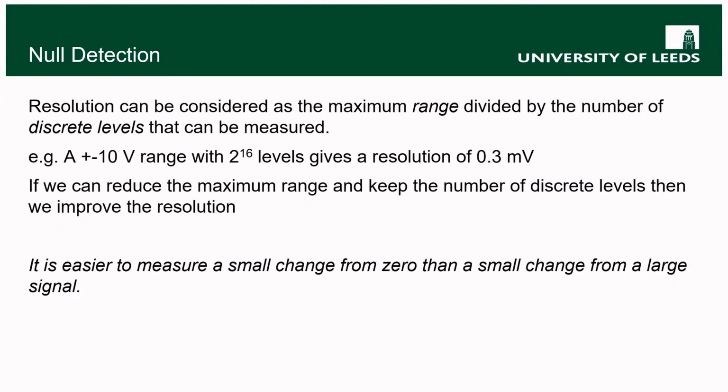So this basically ends up saying that it's much easier to measure a small change from zero than a small change from a large signal, because if you have a small change from zero, you can reduce the maximum range you're trying to measure over. So null detection schemes are a way of implementing that, to let you measure a small change from zero rather than a small change from a large signal. And I'll give you a couple of examples of ways in which that might be done.